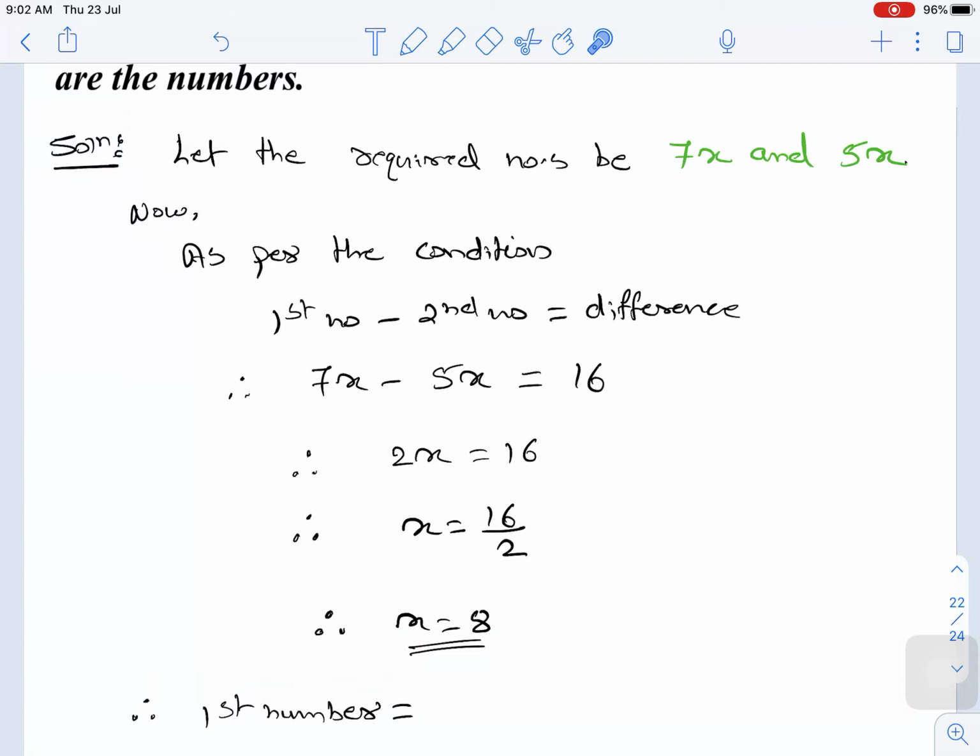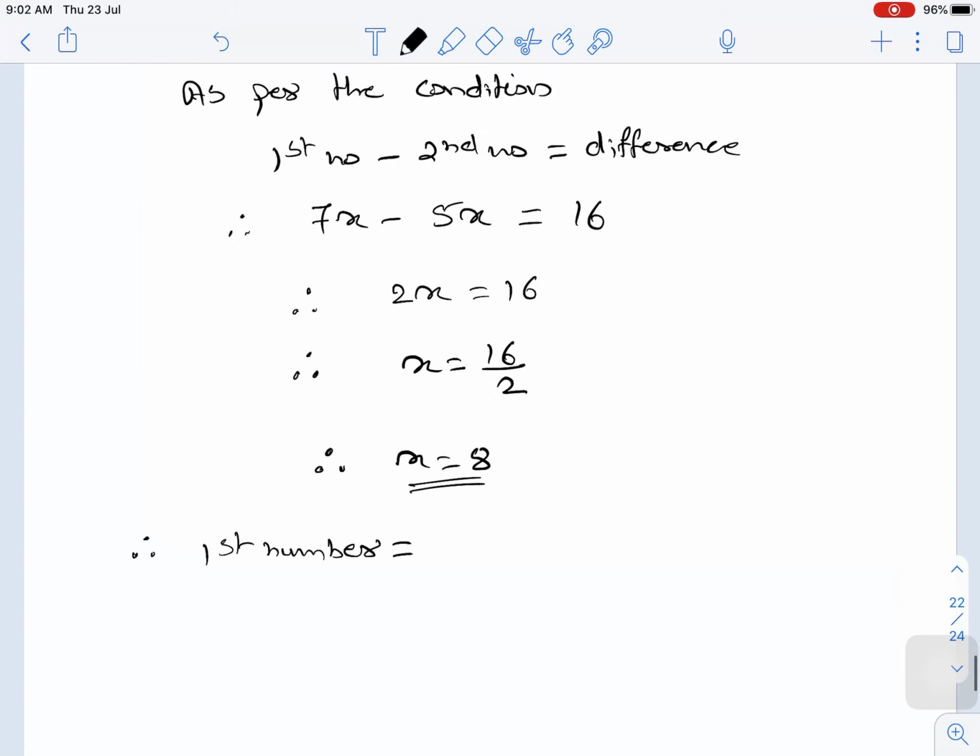We have considered it to be 7x, so you write here 7x, that equals 7 multiplied by, we know that 7x means there is a multiplication sign. Now what is the value of x? The value of x is 8. I'm just highlighting it. So now 7 into 8 equals, 7 eights are 56. So 56 is our first number.